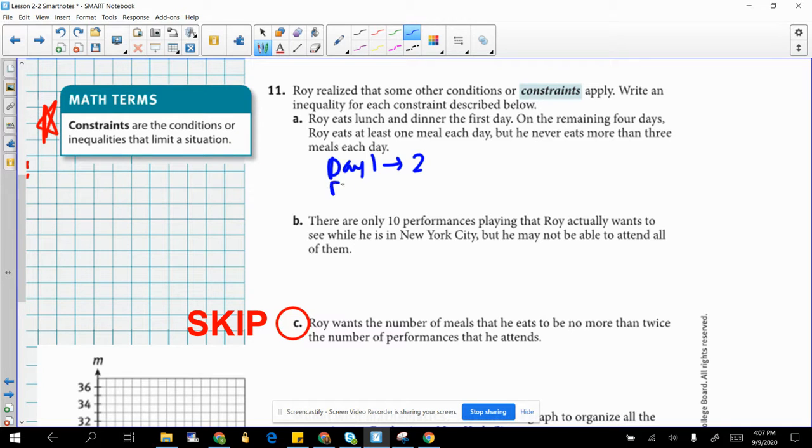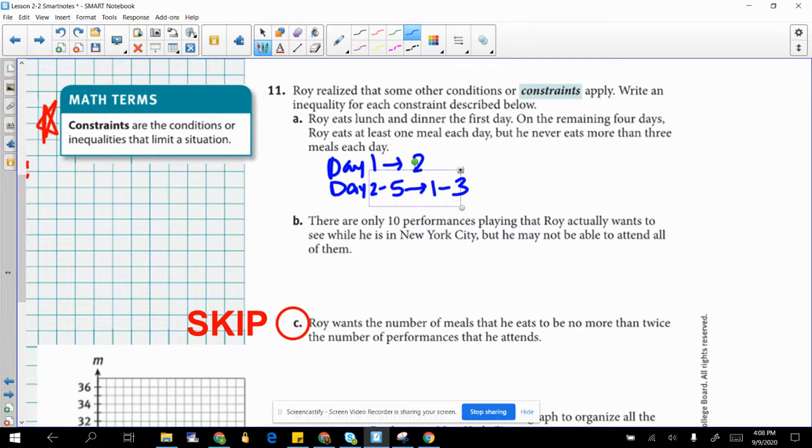And then we've got day 2, on the remaining 4 days, he's going to eat 1 through 3, or 1 to 3. So let's say days 2 through 5. He can eat anywhere from 1 to 3. We're not sure.